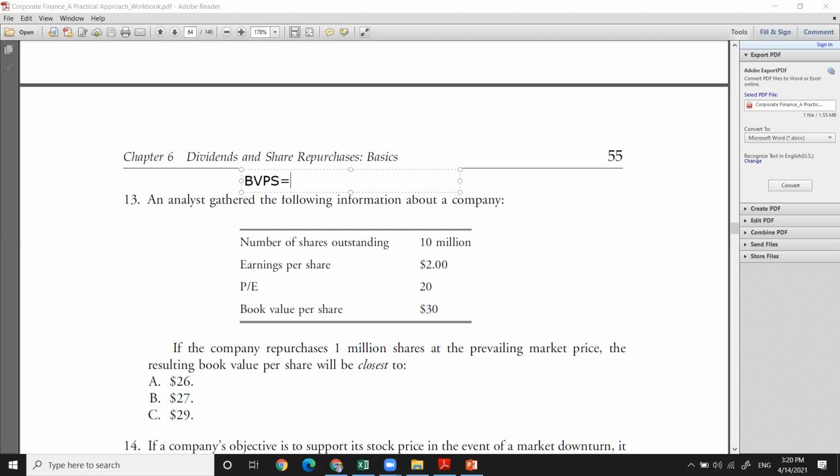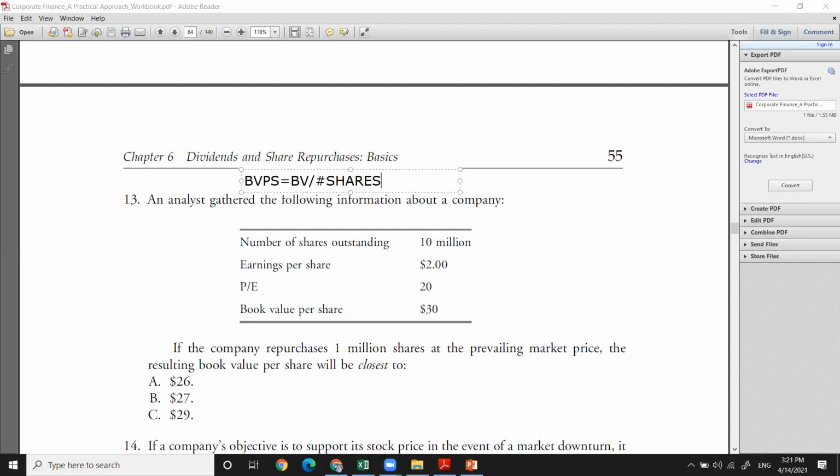We need to know the book value of equity over the number of shares. Can we know book value of equity from here?